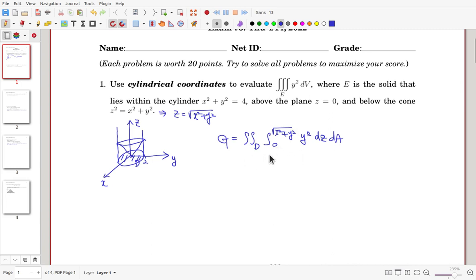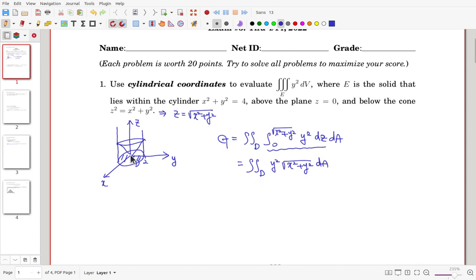Now this is the z direction integration, and the integrand is independent of z, so this times the length is the integral. So we have here a double integral of y squared times the square root of x squared plus y squared, dA.